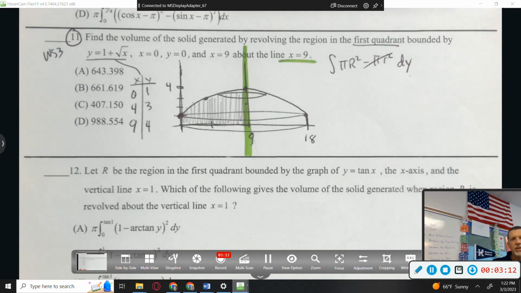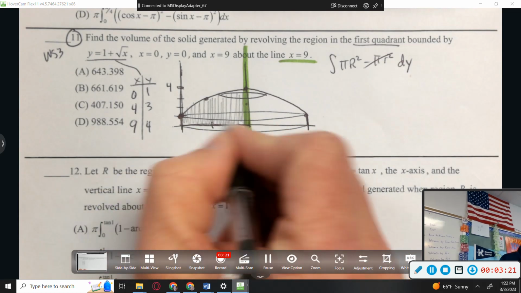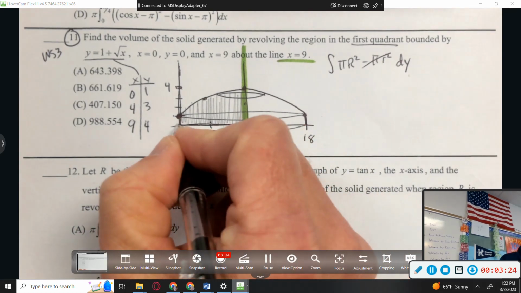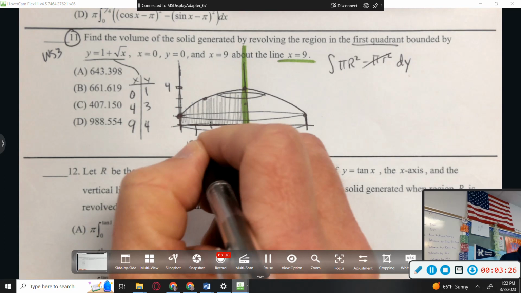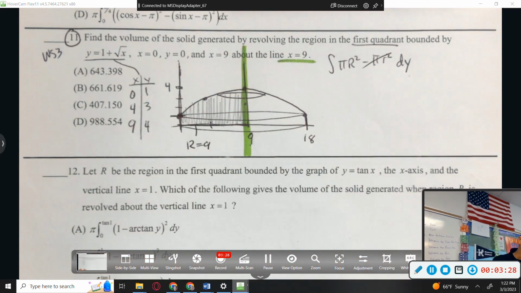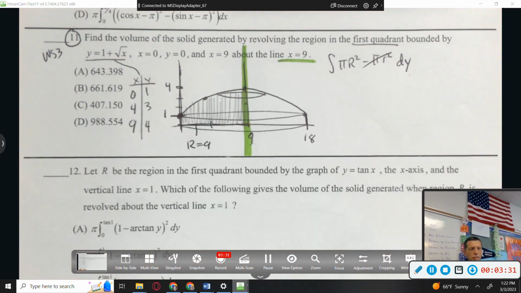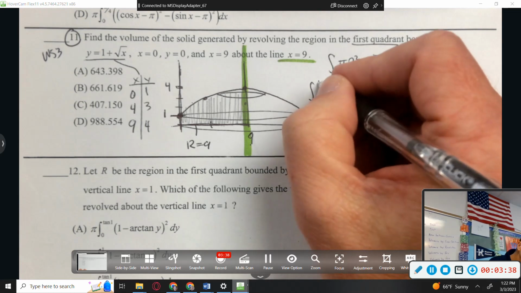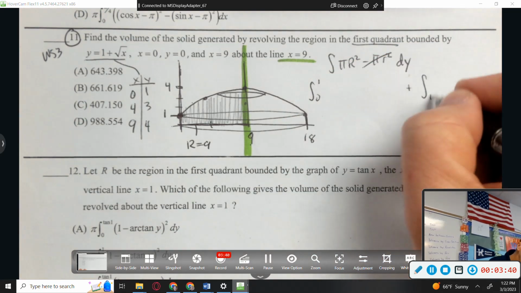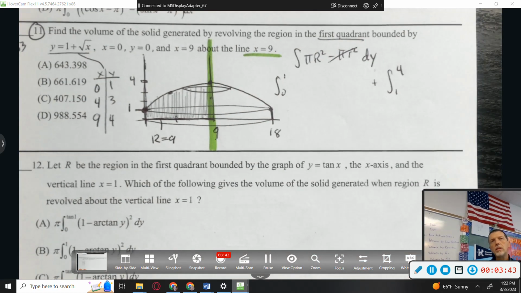The trick to this one, though, do you see what the trick is going to be? No. What's big R down here at the bottom? 9. So big R is 9 until you get to 1, which means I need to split this up and go 0 to 1 and then 1 to 4, because they have different big R's.